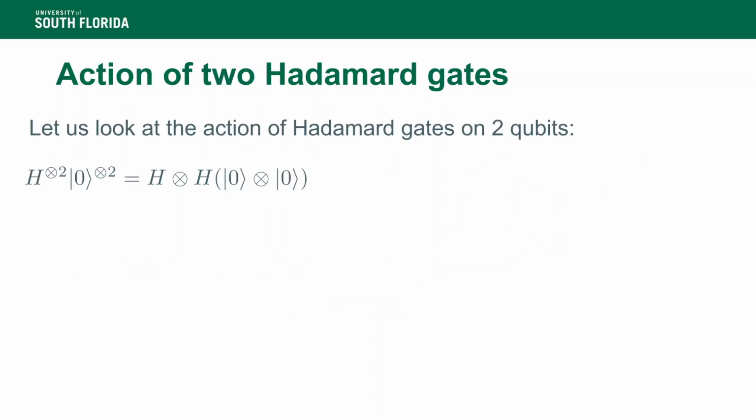Now, slightly more complicated. If I apply Hadamard tensored with itself to |0> tensored with itself, what do I get?